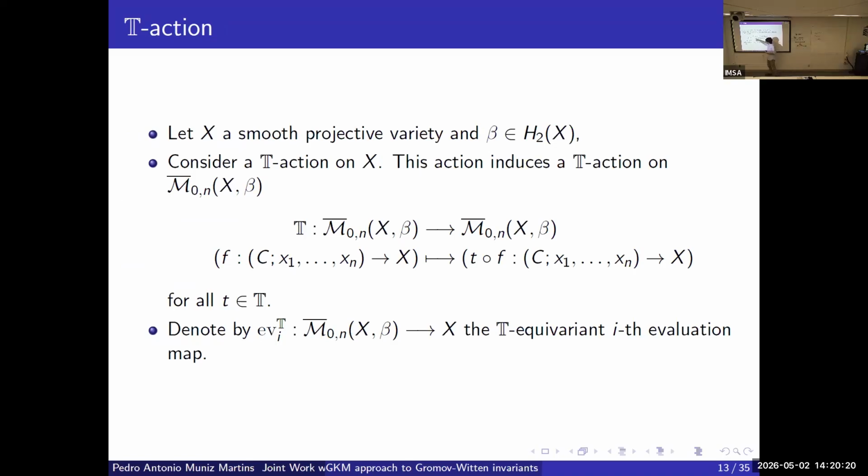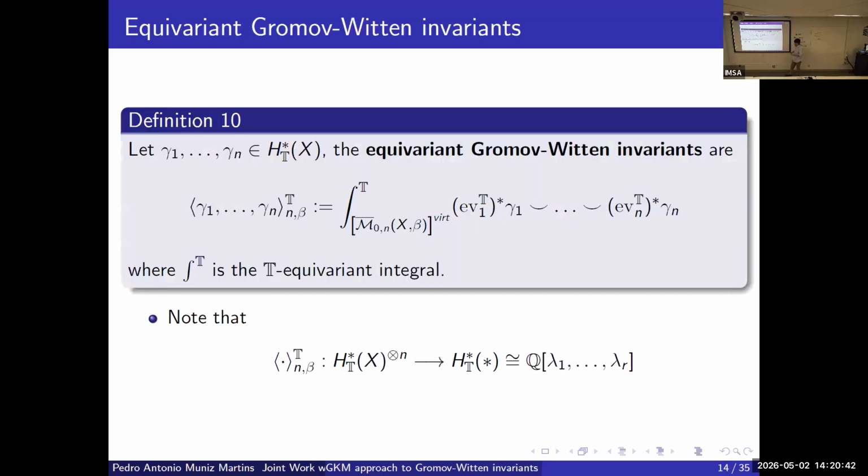You just pick a curve, a stable map, in the moduli space, and you compose with the action on X represented here by t. Again, it's possible to define what it means to have a T-equivariant evaluation. It is just an evaluation, but it is equivariant, invariant by the action of the torus. And with these two pieces of information, it's possible to define the equivariant Gromov-Witten invariant. The definition is quite simple.